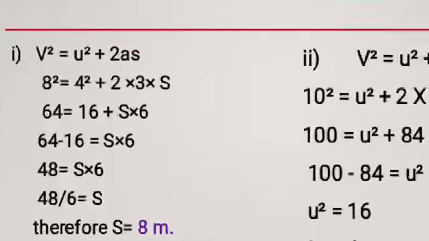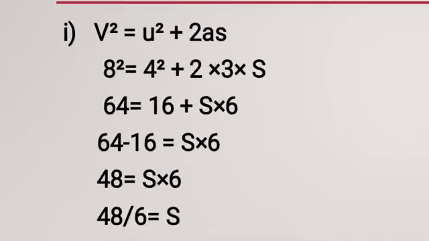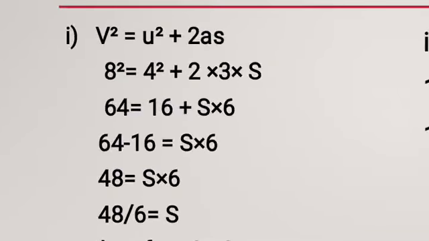See the first one. V square is given, 8 square equals initial velocity 4 square plus 2 into acceleration 3 into s. So by putting the values, we get displacement equal to 8 meter.